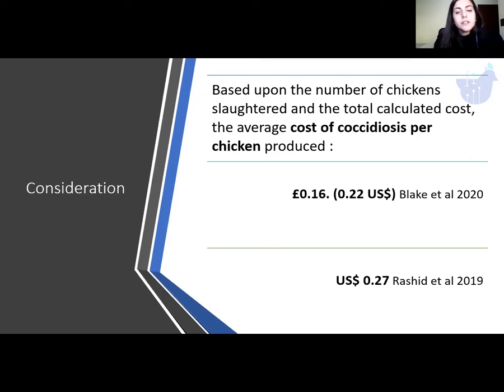Another study was done by Dr. Rashid and other authors, and they estimated 27 cents per bird. In both studies, they considered this cost with medication and also with losses in performance.